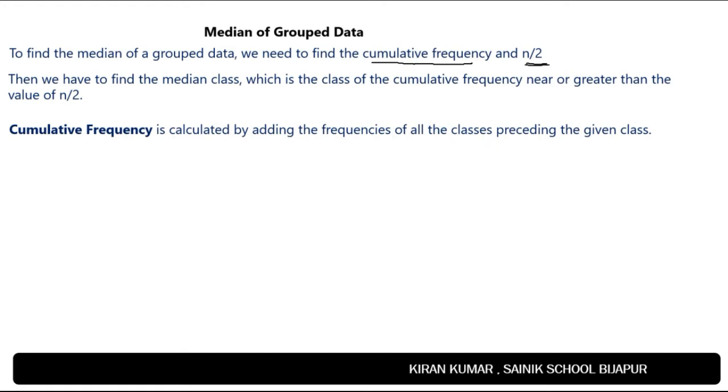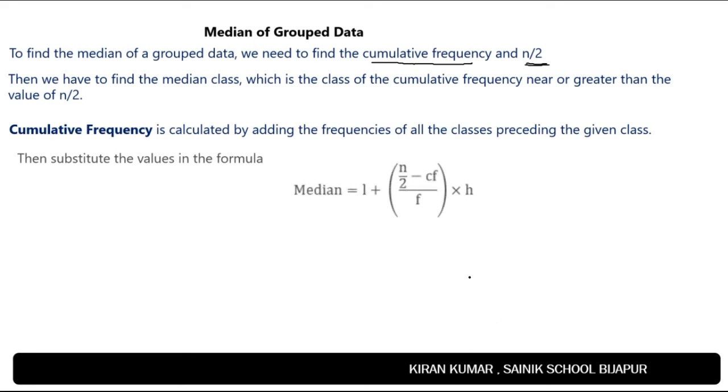Then we will substitute in the formula: median equal to L plus n by 2 minus cumulative frequency upon frequency, multiplied by the class size H. This formula you need to remember.